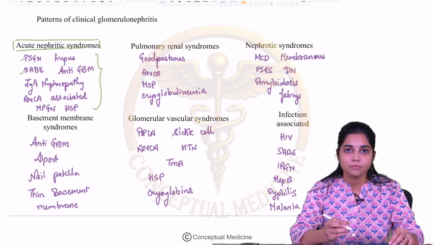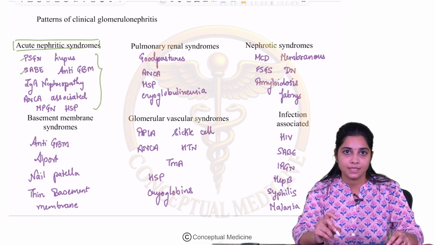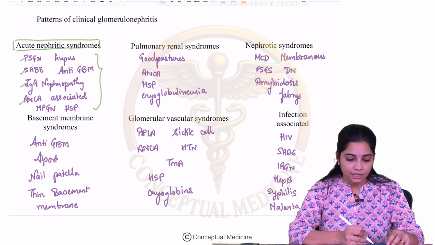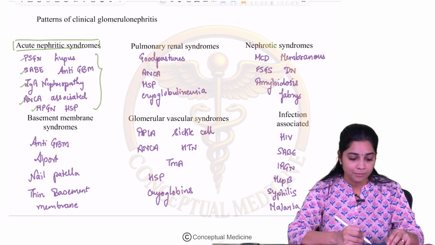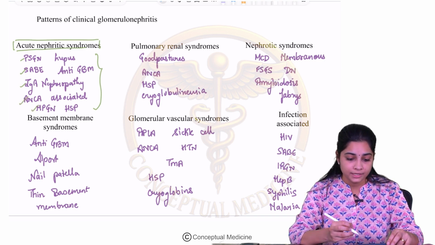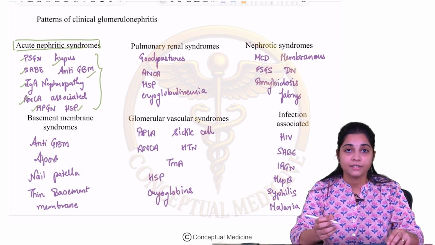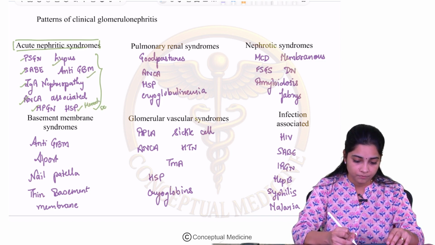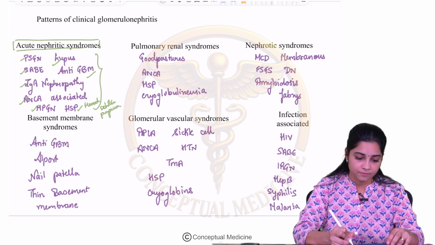Then subacute bacterial endocarditis can present as nephritic syndrome. Then IgA nephropathy, ANCA-associated vasculitis, membranoproliferative glomerulonephritis, lupus nephritis, anti-GBM syndromes, and Henoch-Schönlein purpura, which is a type of vasculitis.